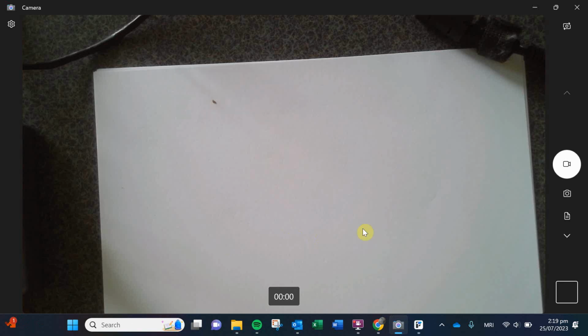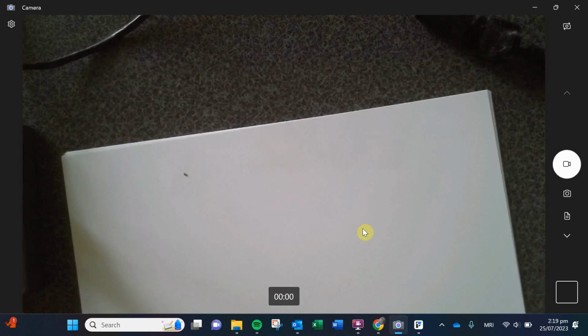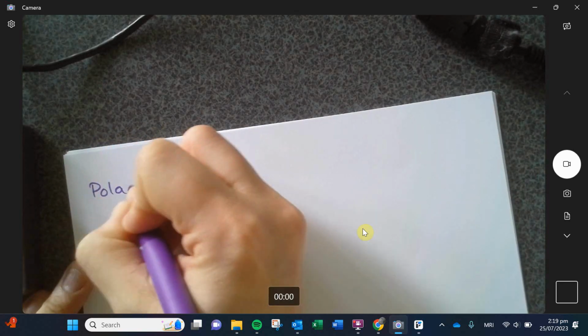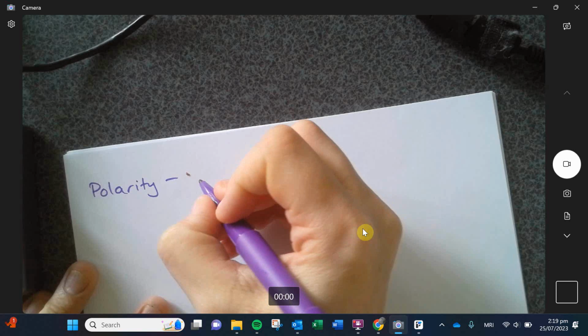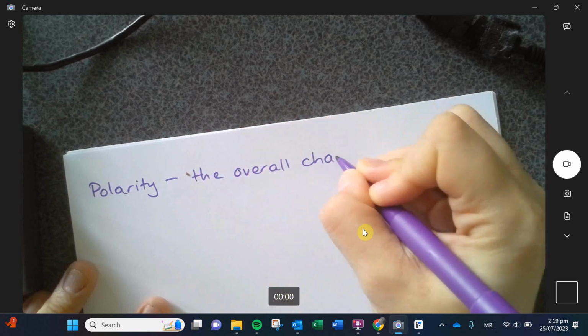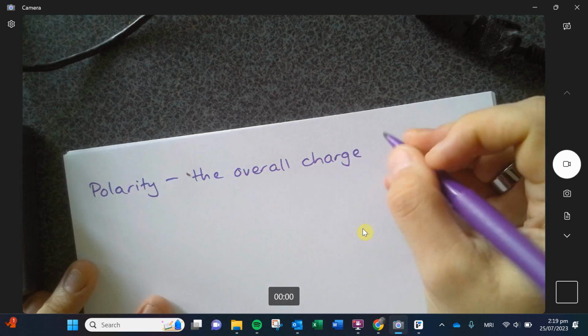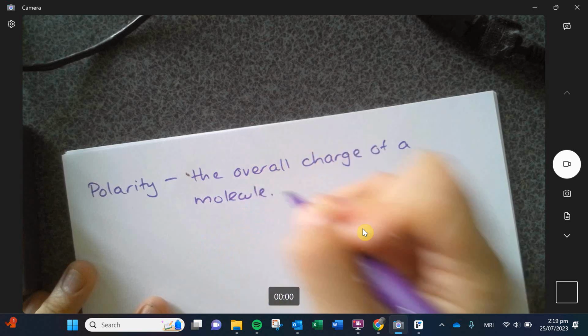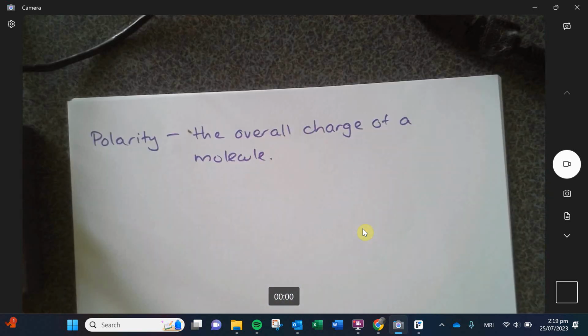All right, so let's talk about what polarity is first off when we're thinking about it as a definition. When we're talking about polarity, we're talking about a molecule's overall charge. There are two choices when it comes to polarity.